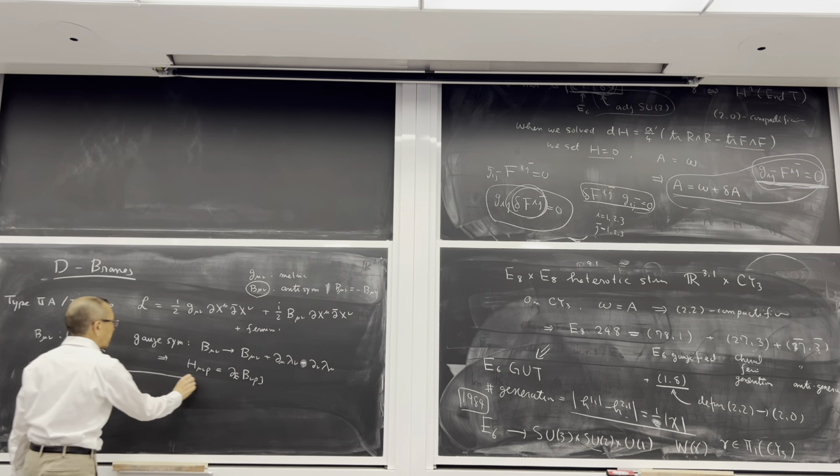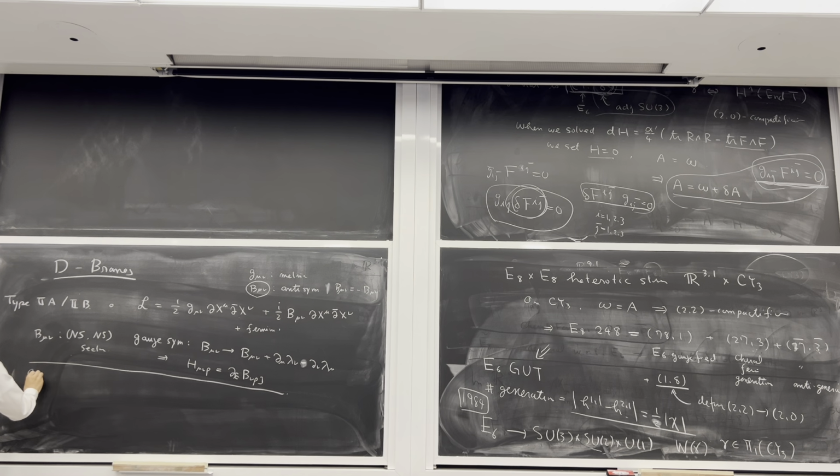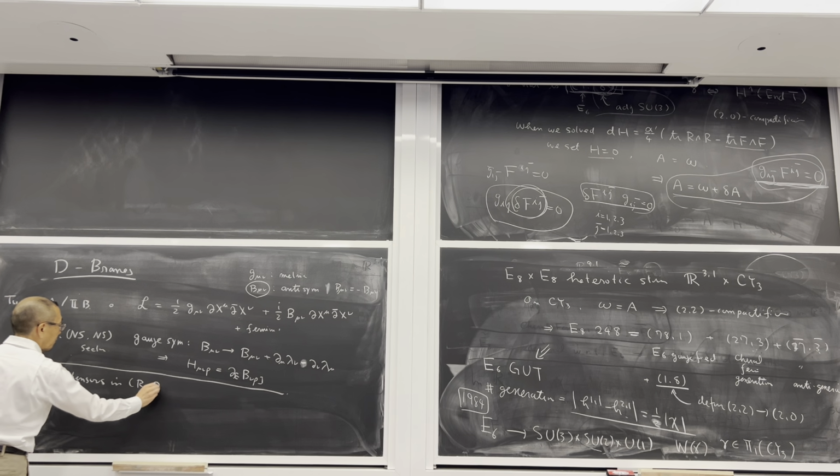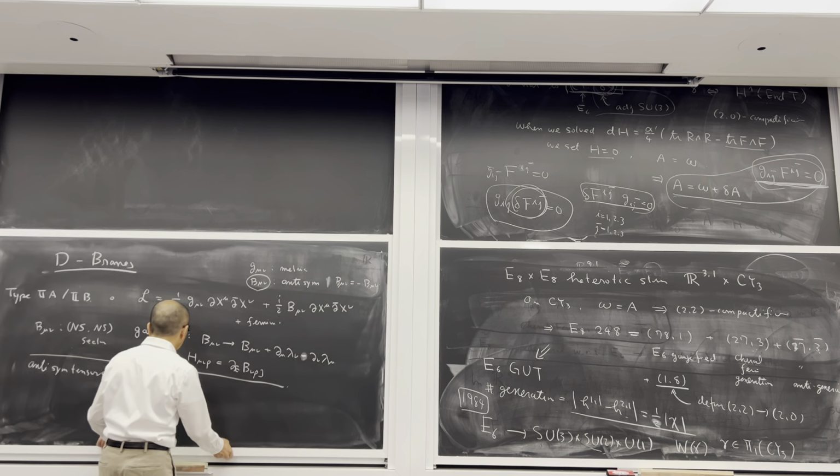But if you remember our discussion, there are also antisymmetric tensor fields in the Ramond sector. And there are many of them. And the way it appears is the following.